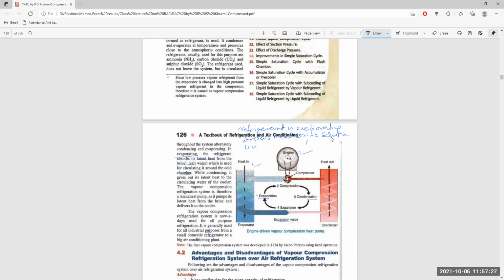By evaporation of the refrigerant, it is drawing heat from the chamber to be cooled, and in the condenser, it is releasing the latent heat to the surrounding atmosphere.